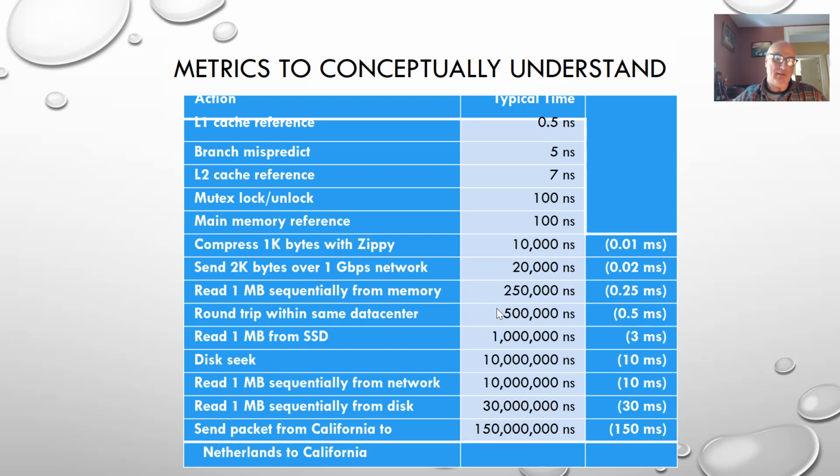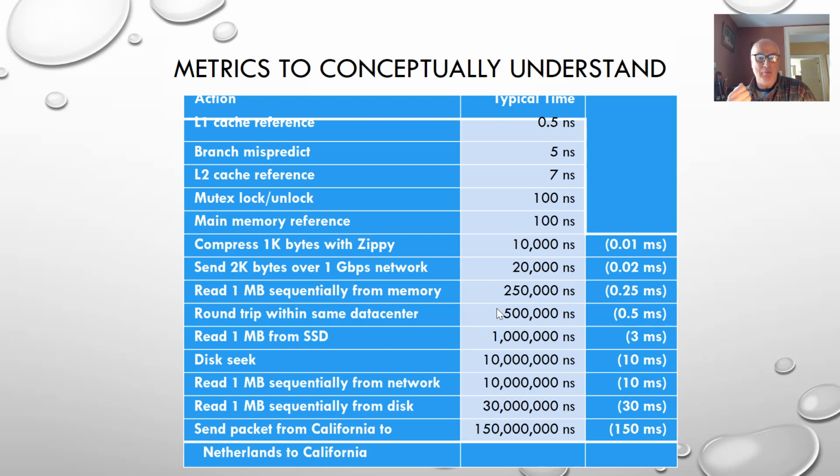And then other things we have in here, L2 cache reference. It's only 7 nanoseconds, but in L1 it was only half a nanosecond. So that's what, 14 L1 cache references equal 1 L2 cache reference. So, that's a lot slower.